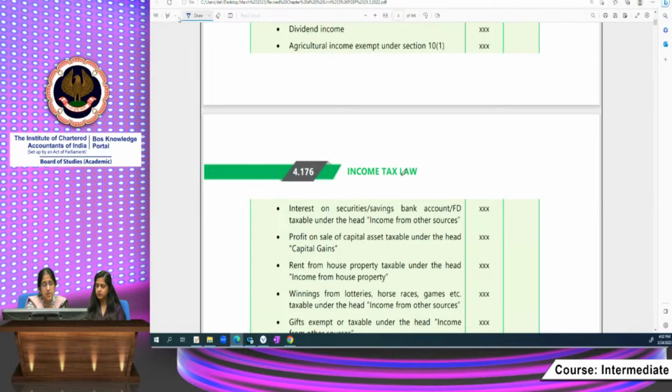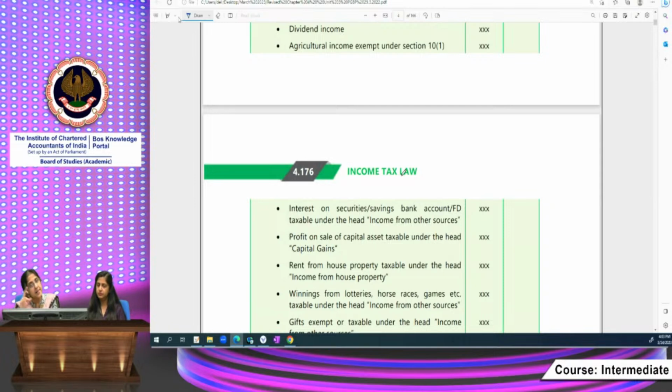If they have shown it net, then the net amount credited to the P&L account is what you have to deduct when computing profits and gains of business and profession.